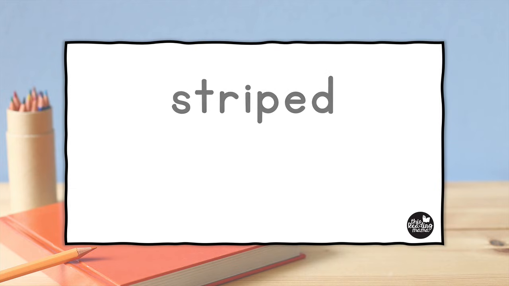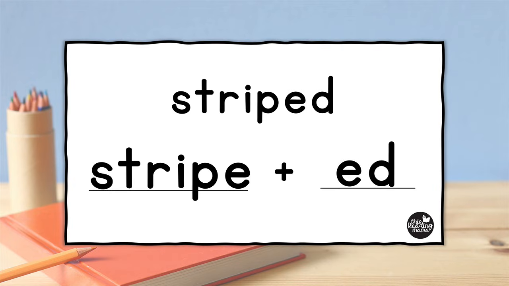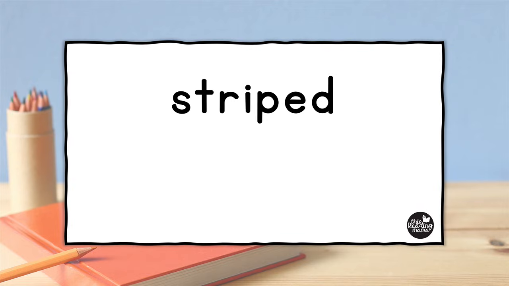Because if you look at our original word, it only has one P. That means the base word cannot be strip. It must be stripe. Because we have the eavesdrop rule in effect here. The E from stripe was dropped before the ed was added. So the word is striped, not stripped.